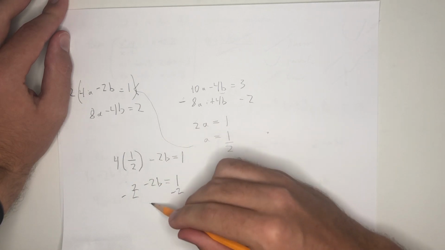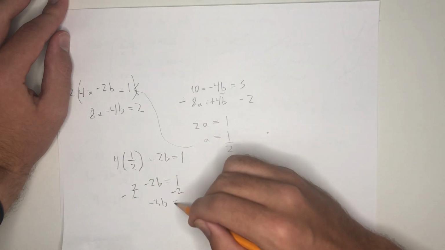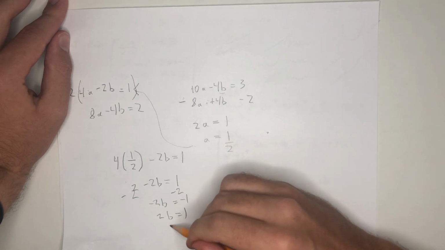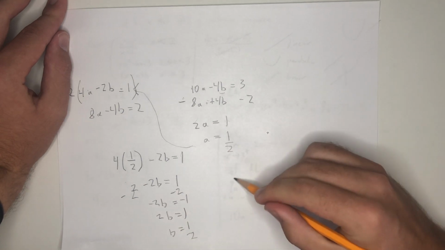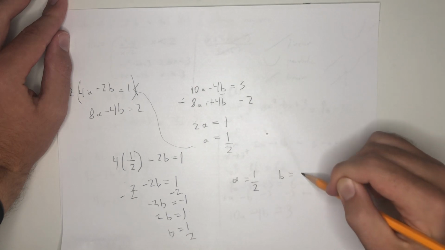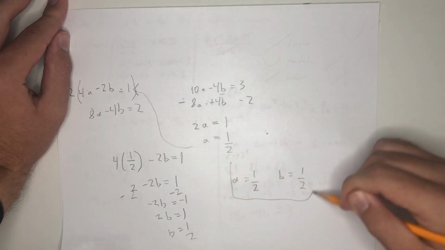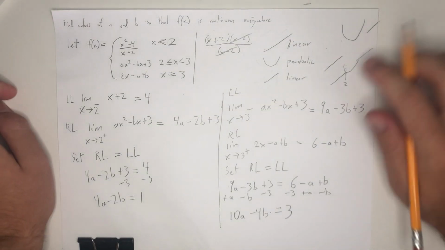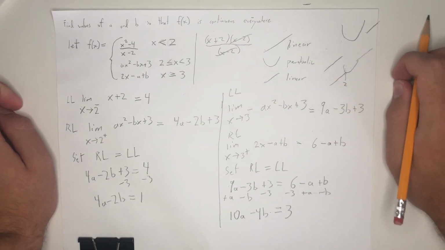Subtract 2 from both sides, and we get negative 2b equals negative 1, so 2b equals 1, and dividing both sides by 2, we get b equals 1/2. So a equals 1/2 and b equals 1/2, and those are the values of a and b that will make sure our function is continuous everywhere.